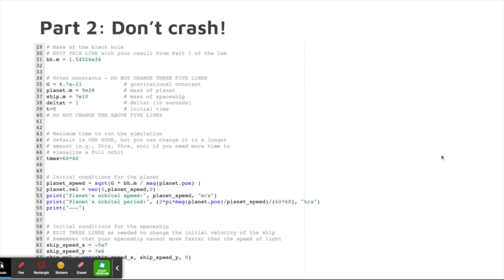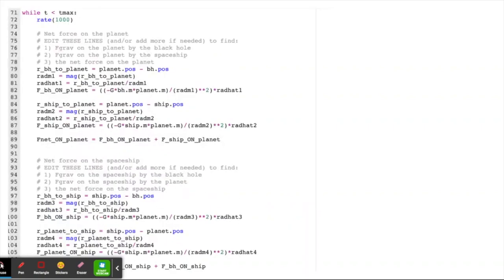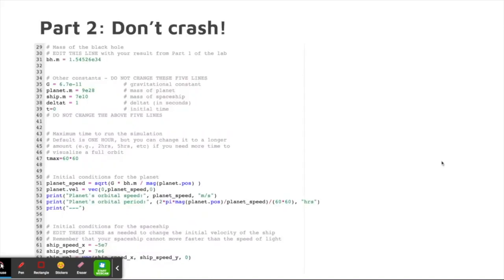So part 2 was don't crash. In part 2, I inserted the mass found in part 1 and kept the max time the same. I put in this line to calculate the planet's speed and tested the initial speed to find a point where there was no collision.